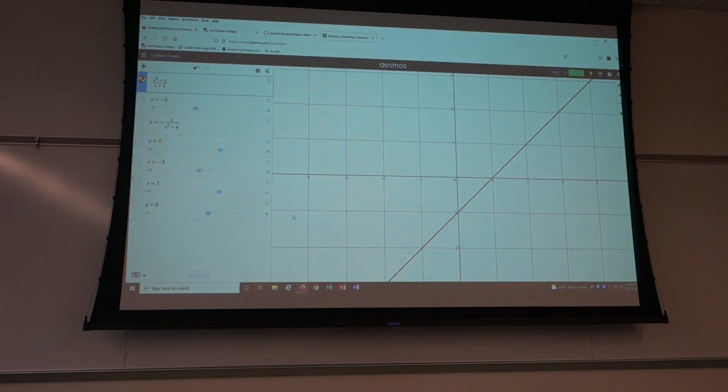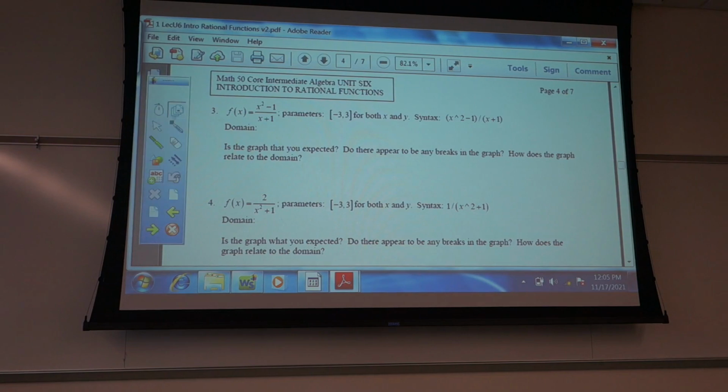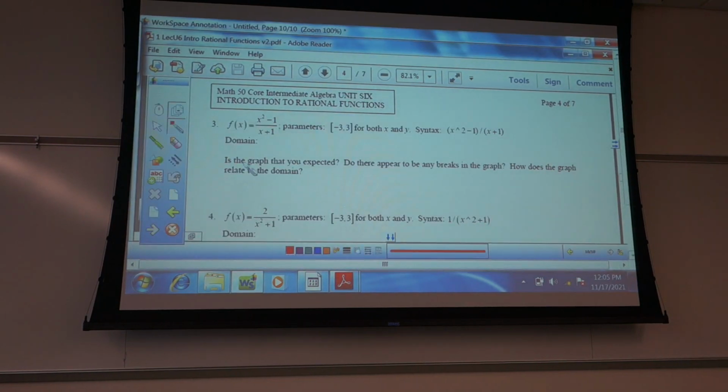What can x... doesn't look like there's anything x can't be, does it? But what do you think x can't be? Look at your number 3, looking at the bottom, find what you think x can't be. What can you never, ever, ever do?